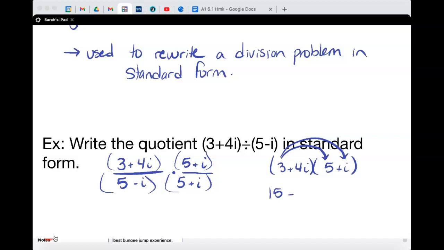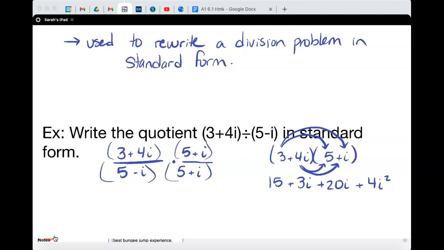3 times i is 3i. 4i times 5 is 20i. 4i times i is 4i squared. i squared is what? It's negative 1. Right? So we have 4 times -1, replacing i squared.